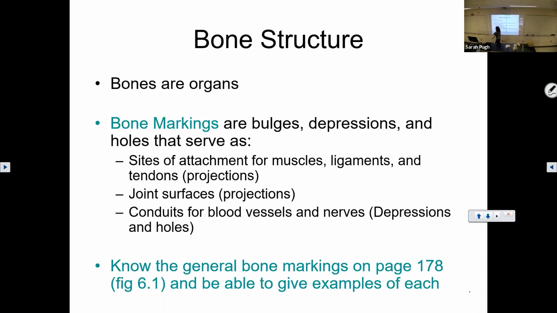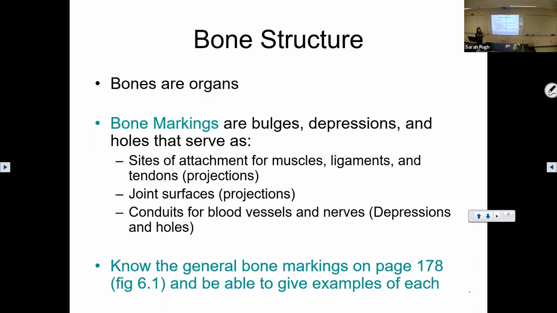Now, what you're looking at in lab this week is a disarticulated skeleton. You'll pull out those black boxes and pull out the bones that are not articulated. You'll have to be able to identify when you pull out a bone, like, oh, this is the femur, or this is the humerus, this is the radius.